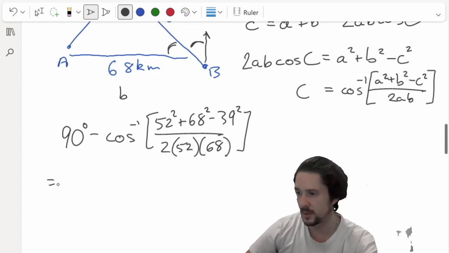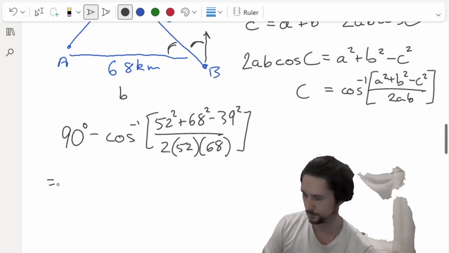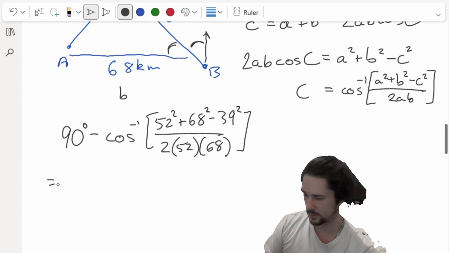So putting all of that into my calculator, 90 degrees minus cosine inverse of, and then I'm going to need to put some brackets.